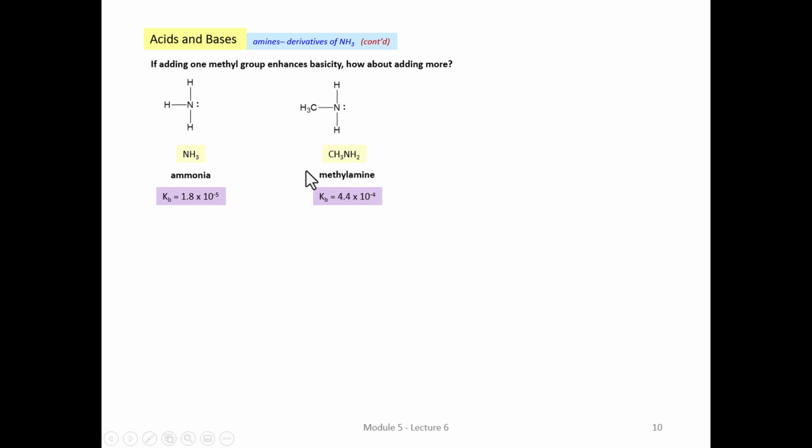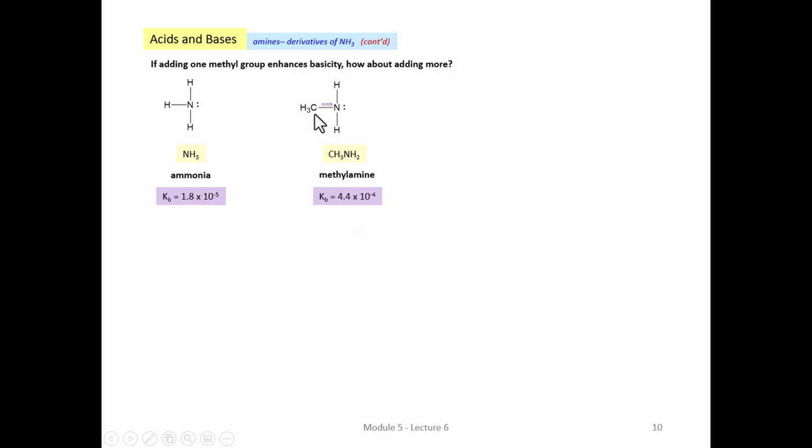Well, if adding one methyl group enhances the basicity, how about adding some more? Recall that ammonia has this structure and has a Kb value of 1.8 times 10 to the minus 5. When we added the methyl group, it's a better base because it's a larger Kb value.